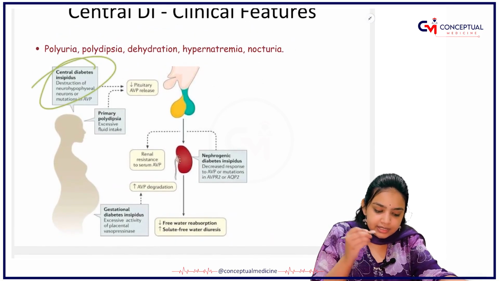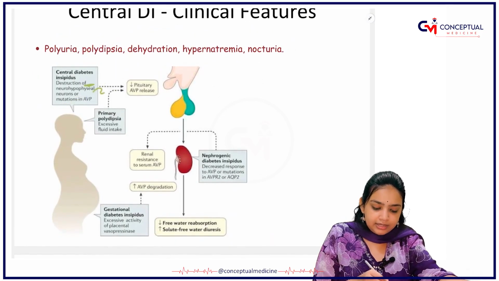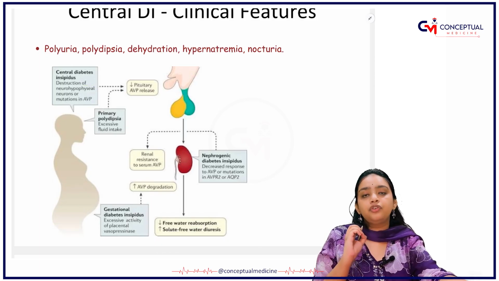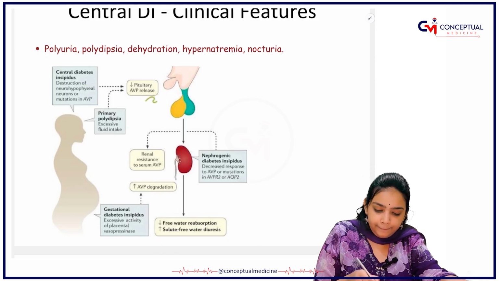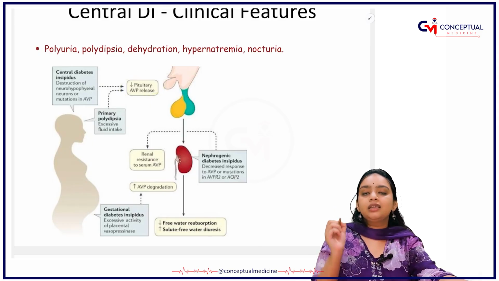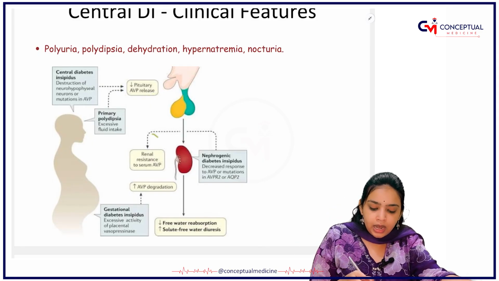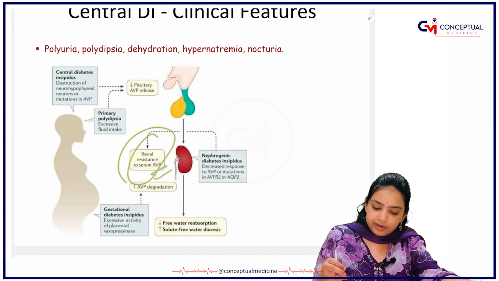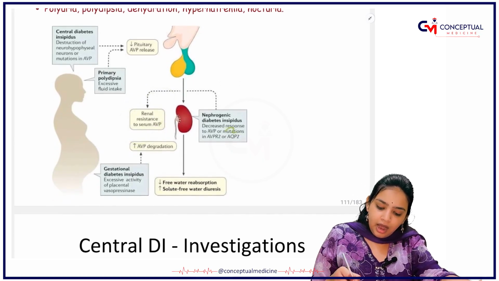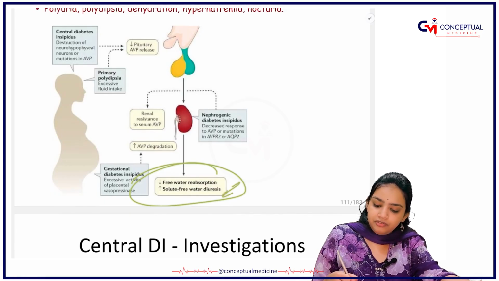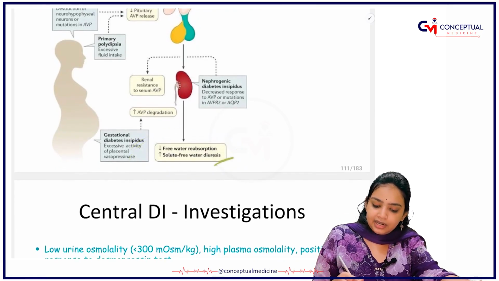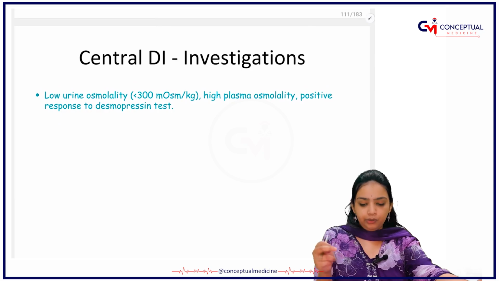What is happening in central diabetes insipidus is destruction of the pituitary. There is a decrease in ADH release, and after that there is a decrease in free water resorption and an increase in solute-free water diuresis.